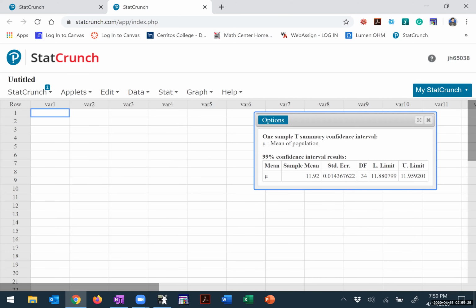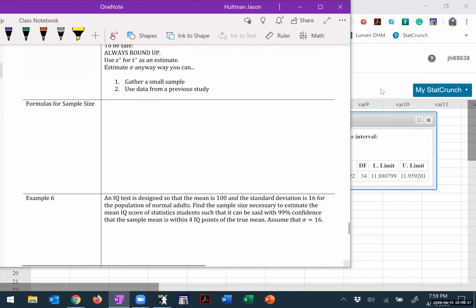Okay, let's move on to the last page here. Here we want to find out, well, what's our margin of error? What's our margin of error and how big of a sample do we need for a certain margin of error? The larger the sample, the smaller the margin of error.